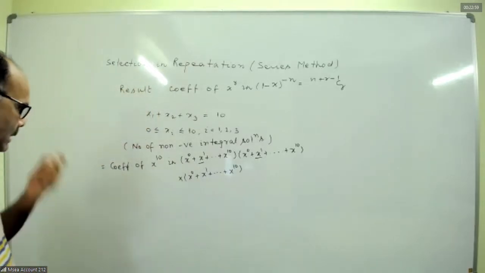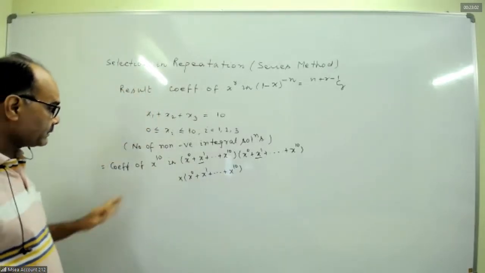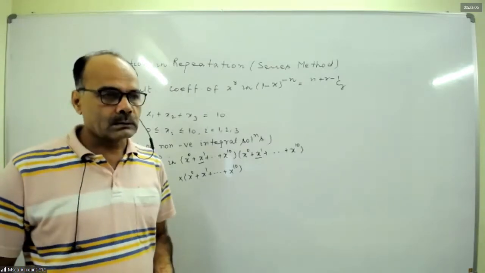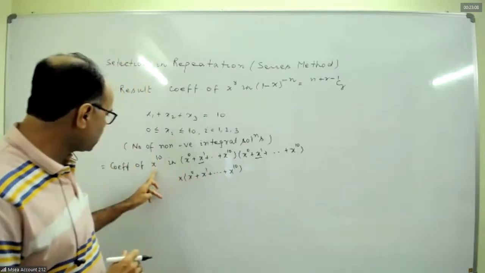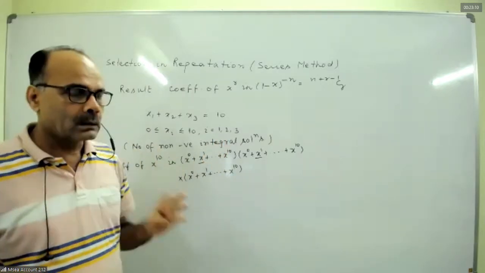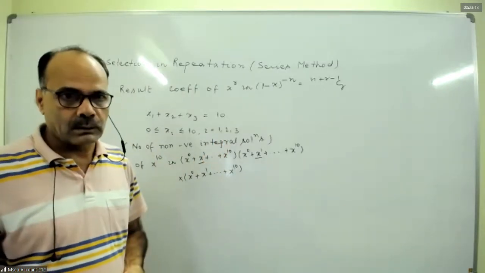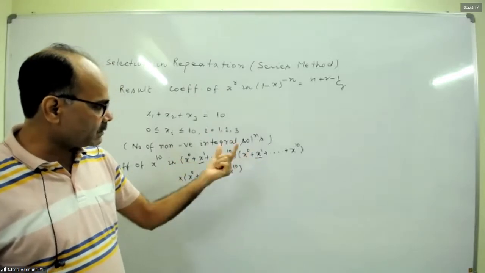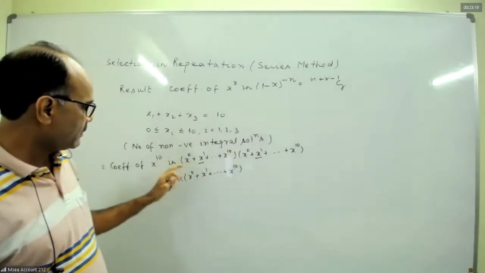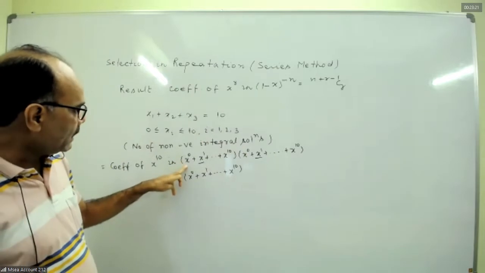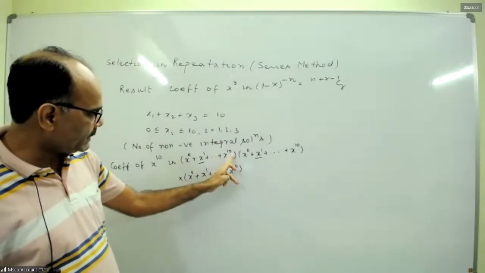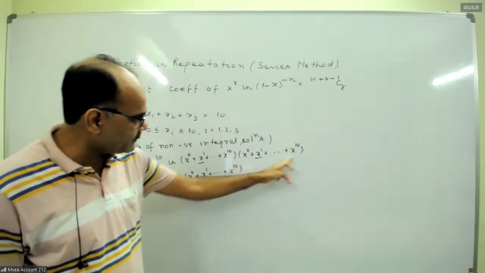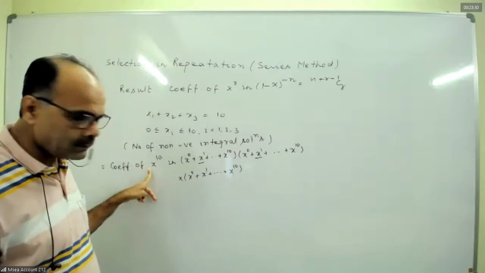I'm telling you again. Whenever we can take an infinite series, we will take an infinite series, because the coefficient of x to the power 10 will remain the same and the calculation will be simple. X is a dummy variable; we don't bother about the value of x. If we take x to the power 11 and multiply it with any of the terms, it won't give x to the power 10.